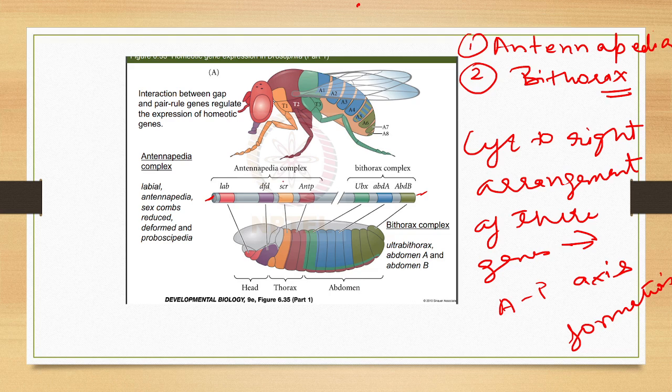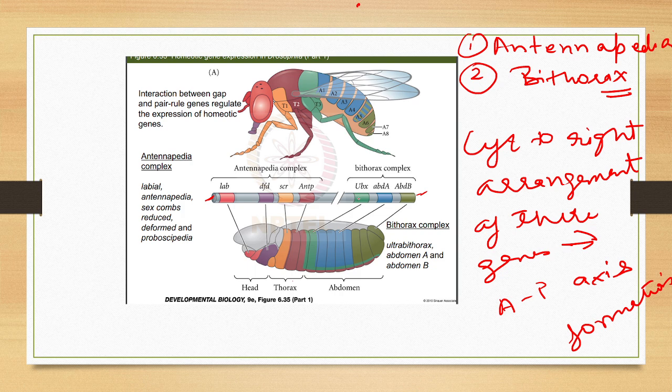See here, these genes are responsible for the formation of the head. Deformed, proboscipedia, plus lab, that means labial, are all responsible for head formation. Then sex combs reduced and antennapedia genes in this region are responsible for thorax formation.